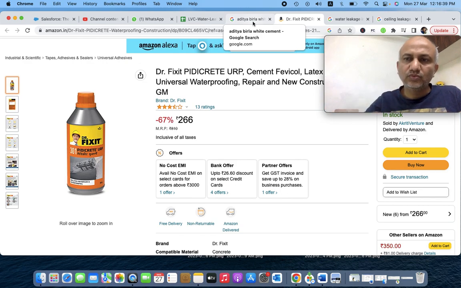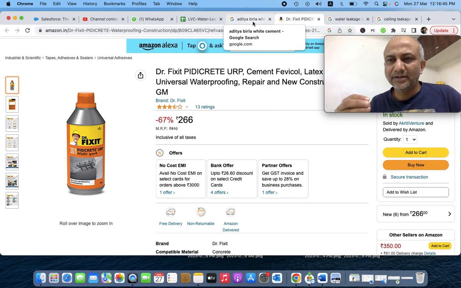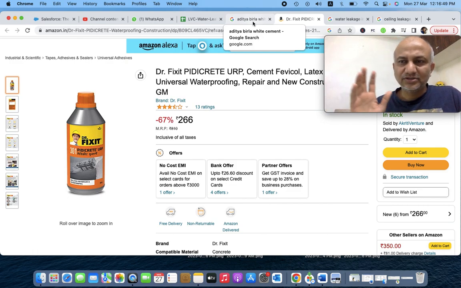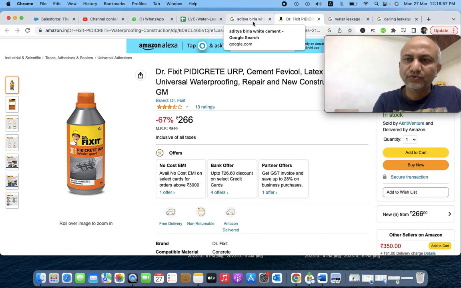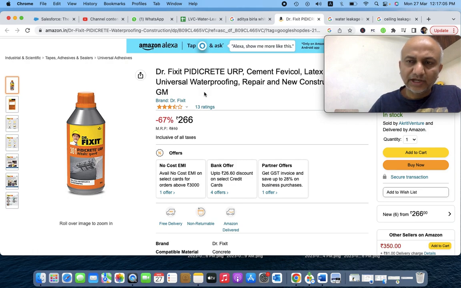Get out all dirty things there, maybe some black soil if it has accumulated, or some hair bands or something. Anything that is dirty, get it out. Possibly also use a vacuum cleaner to forcefully suck out all the dirt and damaged part.